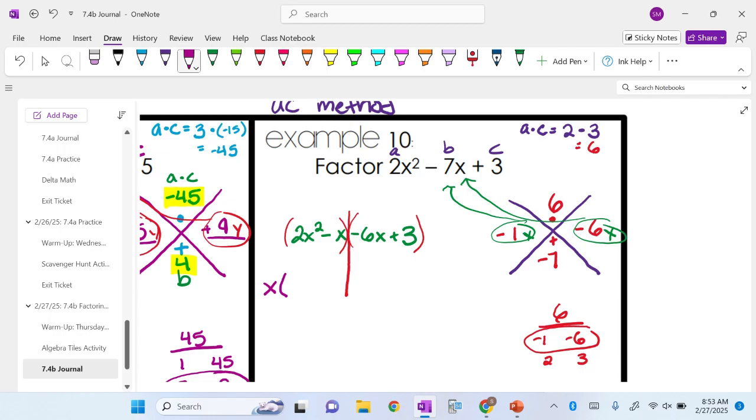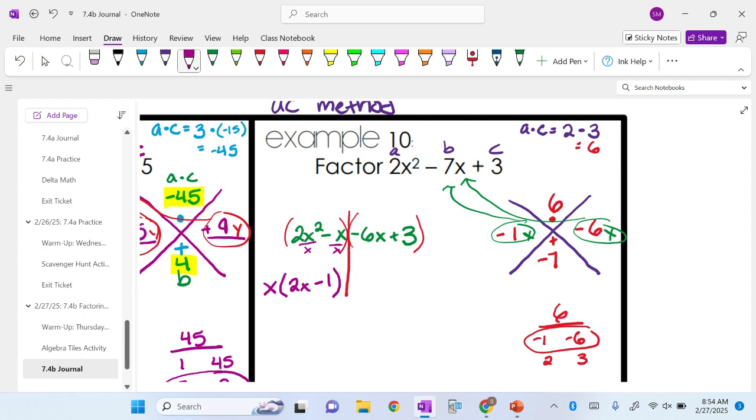So, divide both my terms by x. 2x squared divided by x is what? 2x. What's -x divided by x? Not x. What's anything divided by itself? 1. And then we throw a negative in front of it. So this would be -1.